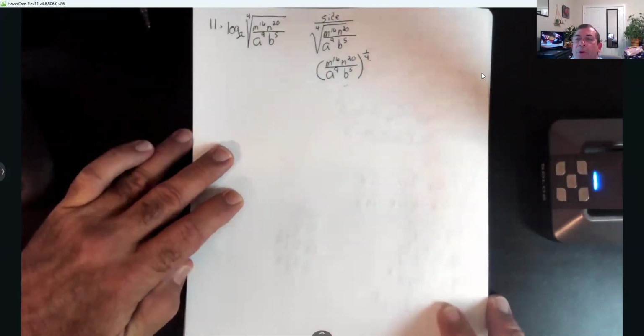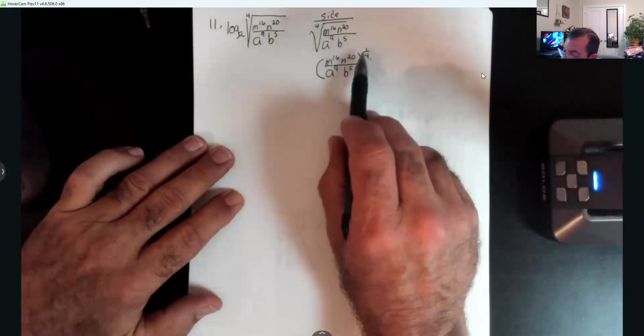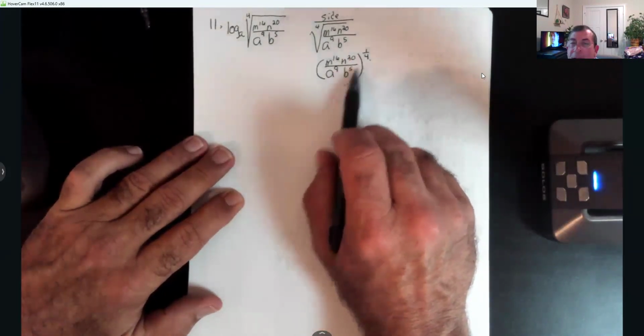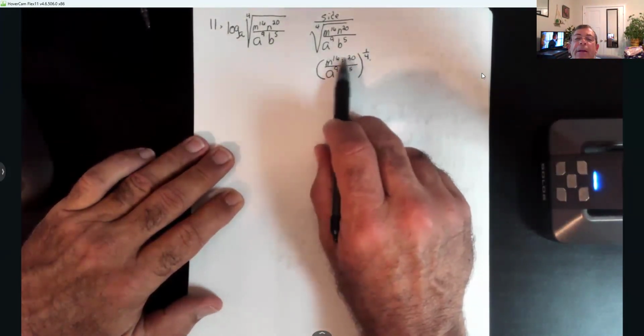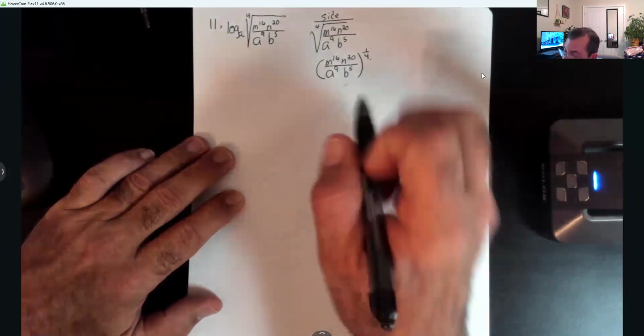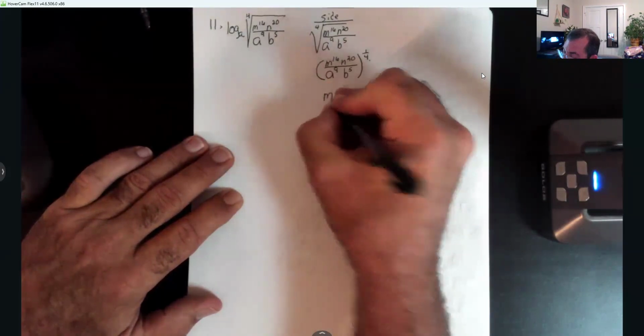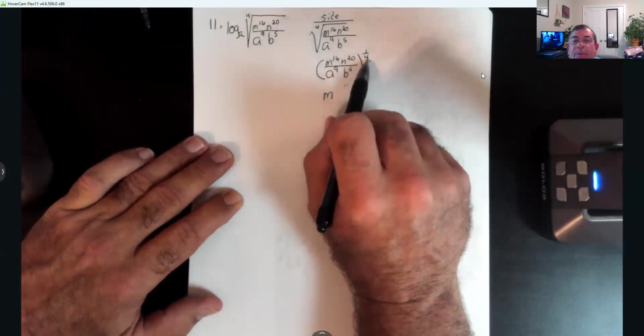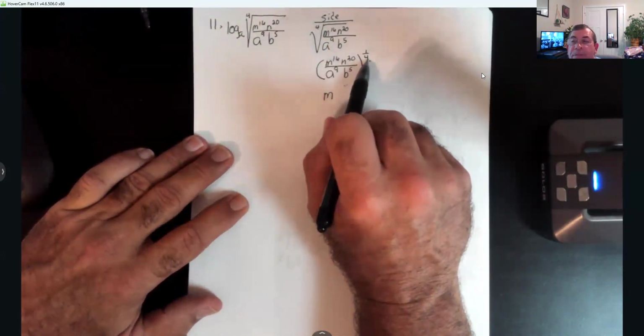All right, so now what you would do for your last step, distribute the 1/4 to every part that's inside those parentheses. So for the m, we got 16 times 1/4, which is 4.